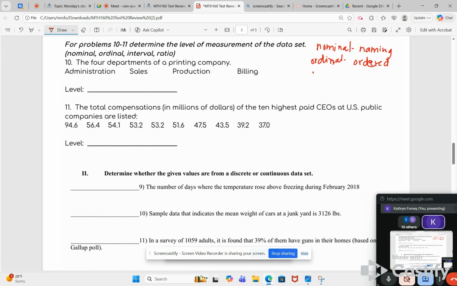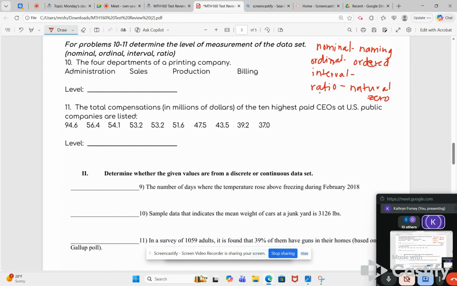Then interval and ratio. So ratio has a natural zero, meaning zero means that you have nothing. So if you think about the number you got correct on a test, that would be ratio.